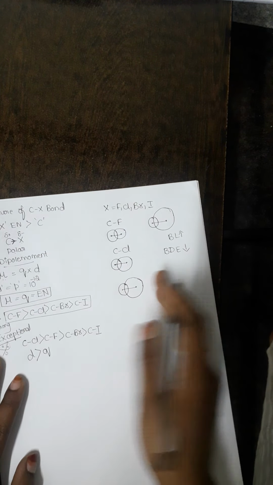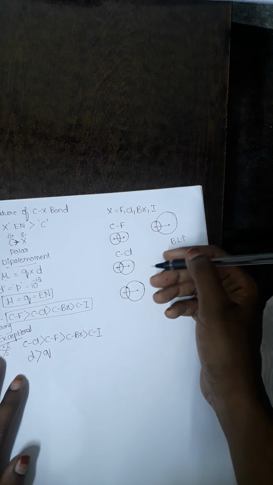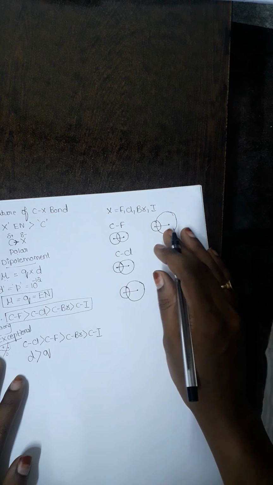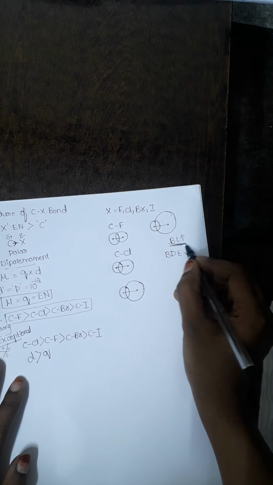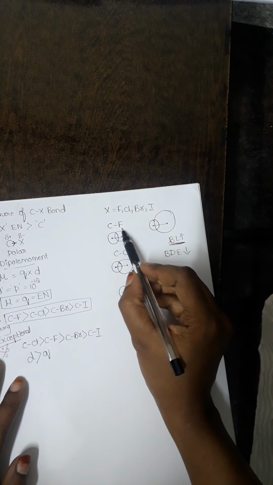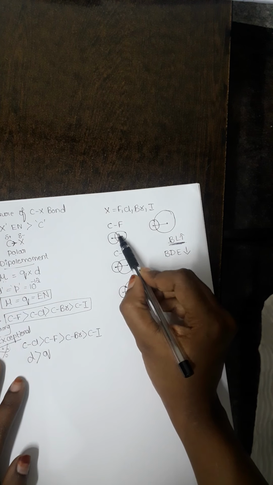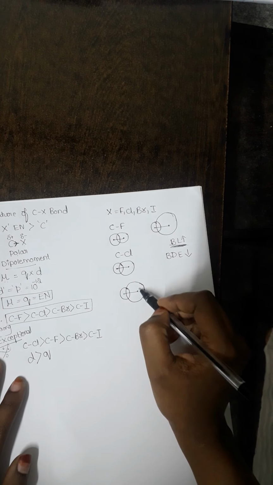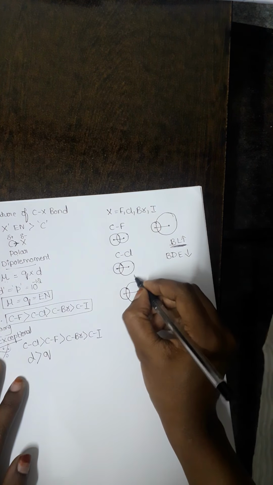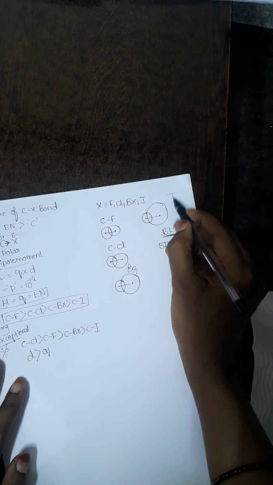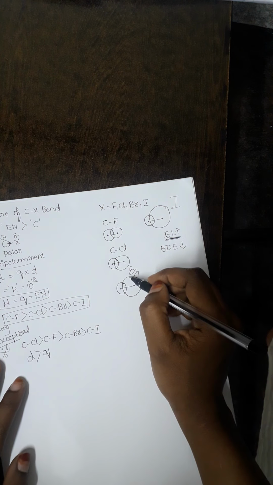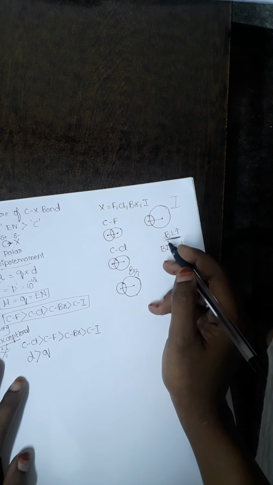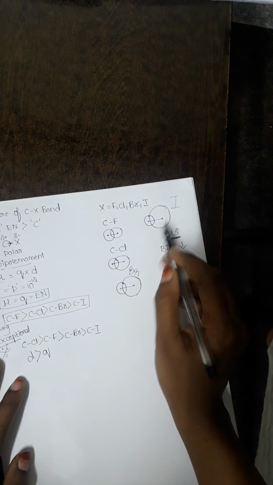As you all know, as we go down the group, the size of the atom increases, so the bond length is also increasing. Fluorine is a smaller size, chlorine much bigger, bromine again bigger than chlorine. The last one is iodine, which is larger than bromine. So as the size of the halogen increases, the bond length is also increasing.